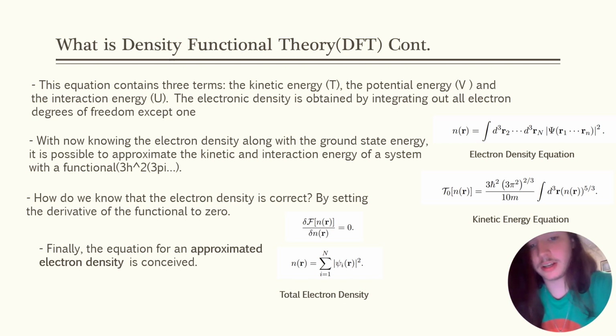So now that we know the electron density along with the ground state energy, which comes from the Born-Oppenheimer approximation, and this is a functional, so it's an approximated equation of the electron density, multiplied by the integral, but this is at several states of time.